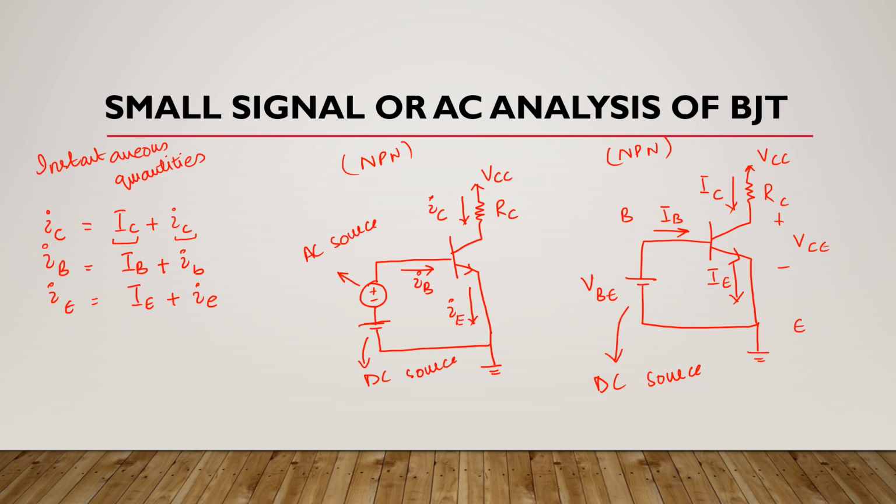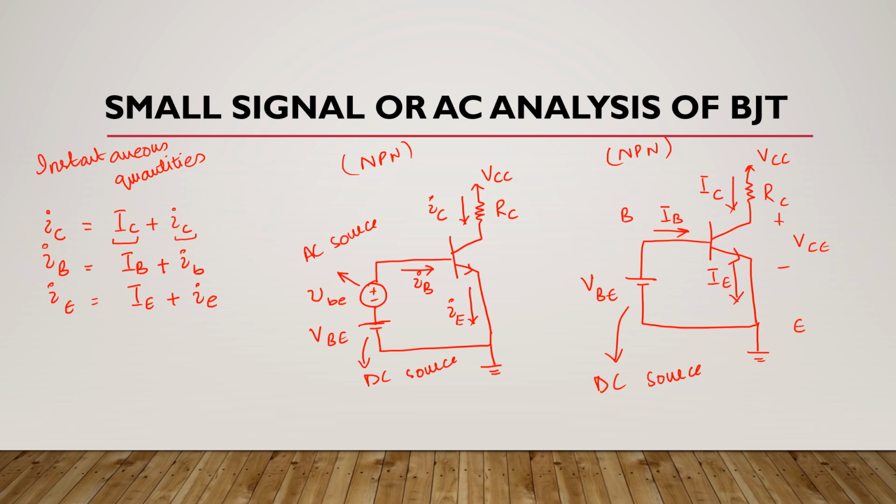Now what about these sources? We know that here we have this VBE, it means it is a DC source, and here we have this vbe, it means it is an AC source written in lowercase with lowercase subscript.